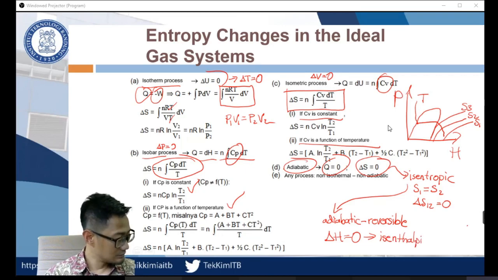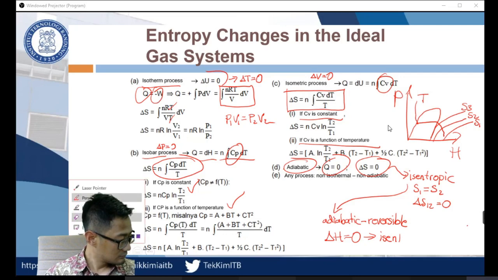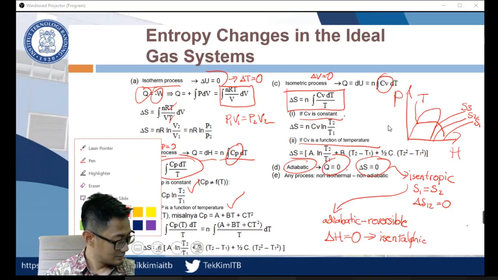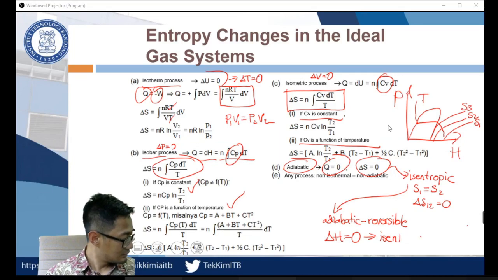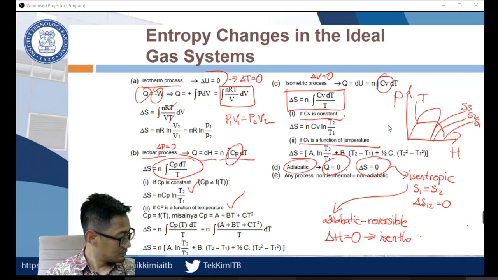Okay, sorry. This is when H1 is equal to H2.